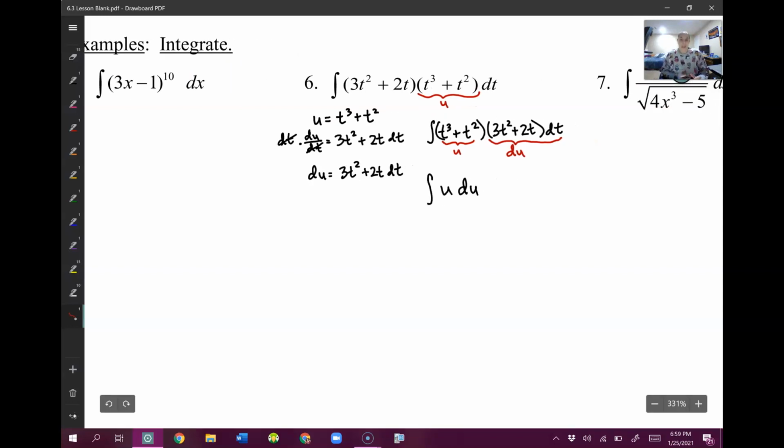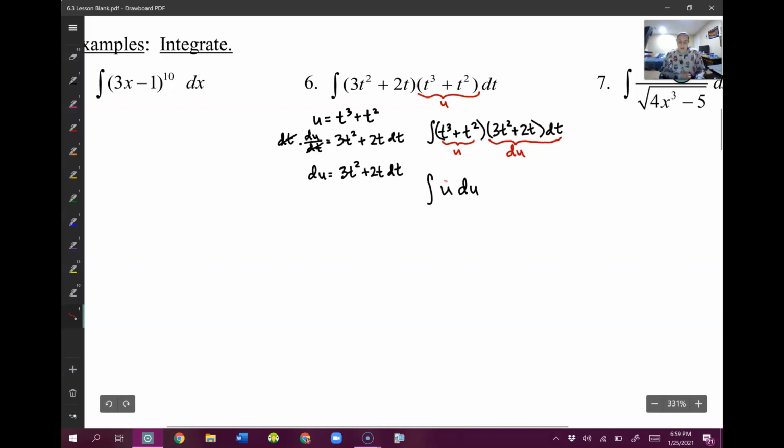That d letter is just there to tell you what variable you should be in. It has no part in the actual integration process. No part at all. It is just there to tell you what language you should be speaking. What variable should be in your integral, and no more.